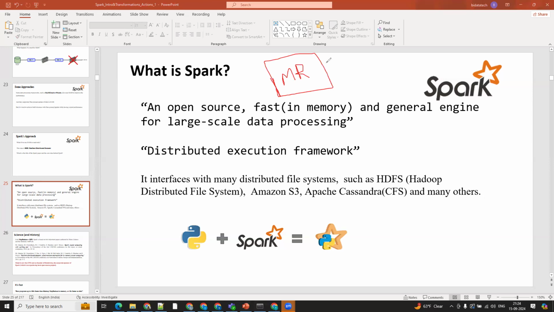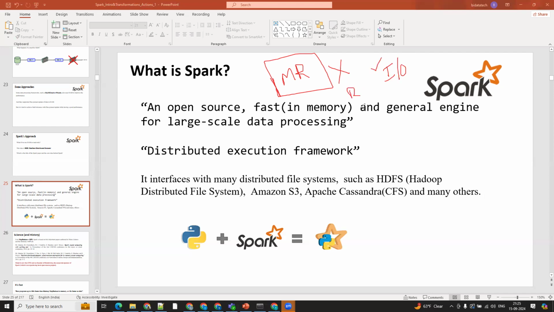Now, people are not using MapReduce. Why? Because MapReduce was reading the data from the disk and writing data back to the disk. That means IO operations, input-output operations, were very costly. When Spark came into the market, it was reading the data from the RAM memory, and IO operations became less costly.